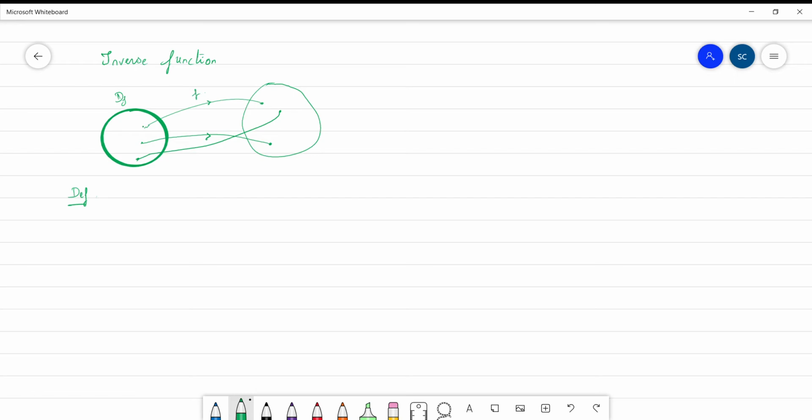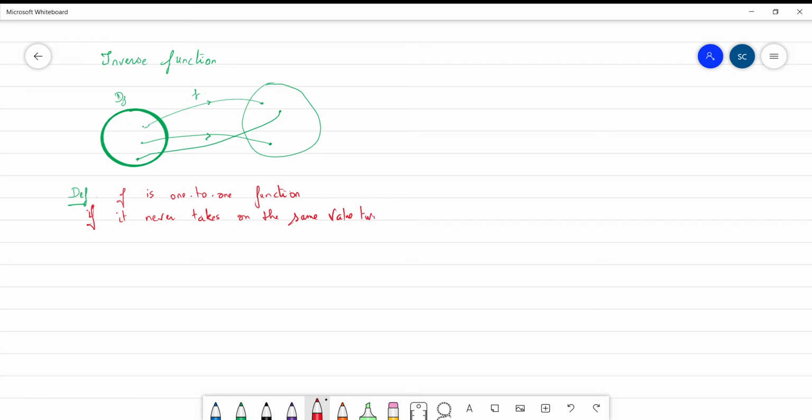So we will say such a function is called a one-to-one function. That f is one-to-one if it never takes on the same value twice.